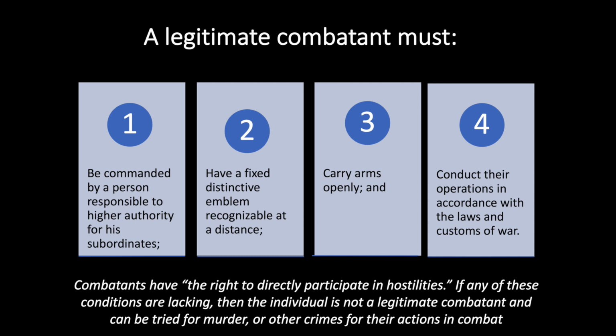Each of these intentions remain important in war and are directly applicable to the current war in Ukraine. First, it's important to distinguish between legitimate belligerents and the civilian population. This is to protect non-combatant civilians.